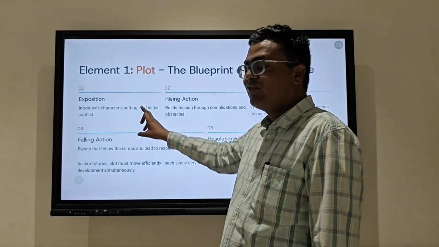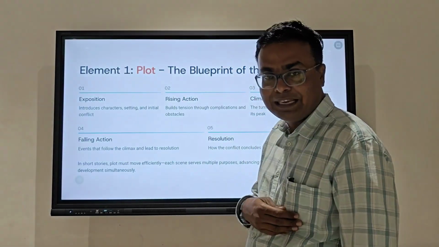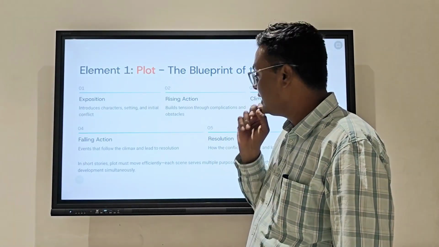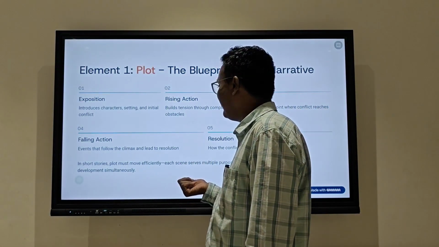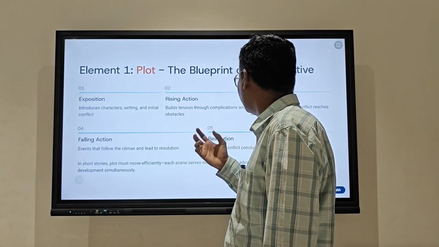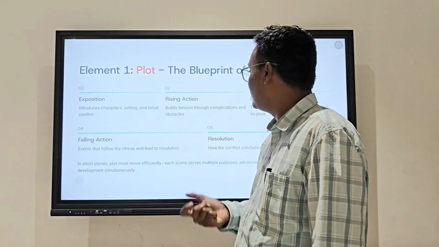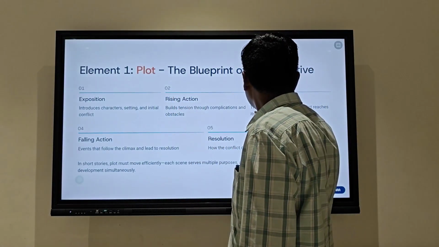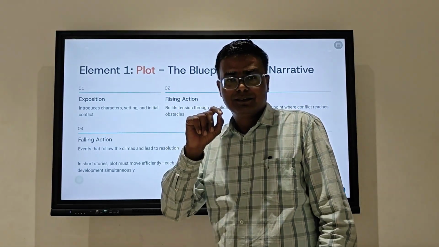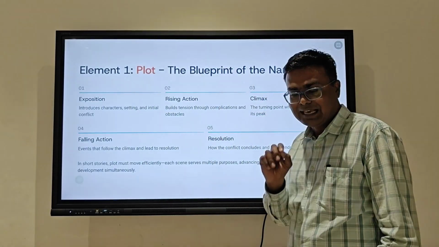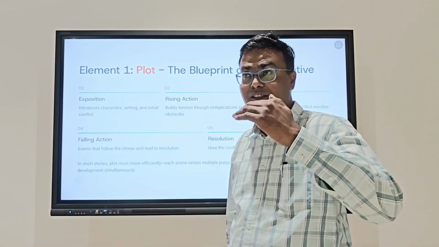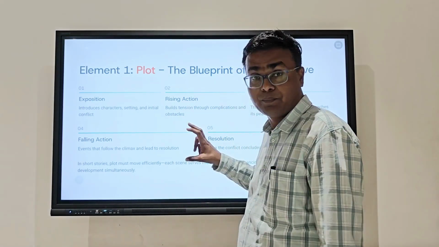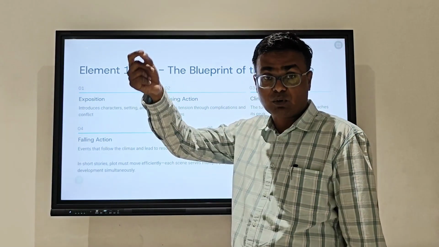Suppose there is an introduction of a villain in a story, then the villain will build tension, and there will be some obstacles, some complications, and then the story will go on. And then the next point is climax. Climax is that point of a story where the action is at a higher level. It means it has reached the highest point.